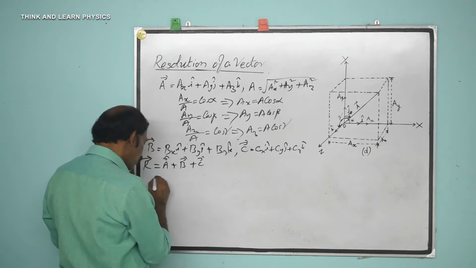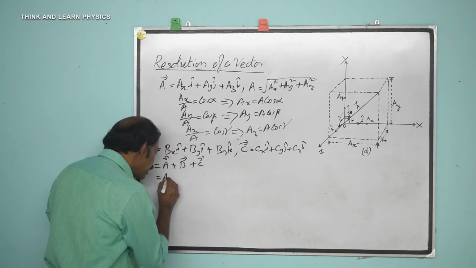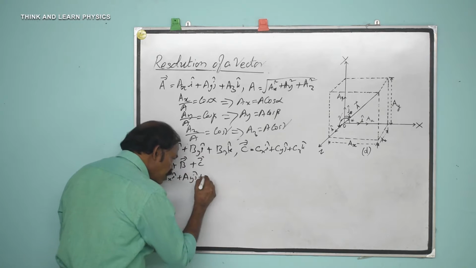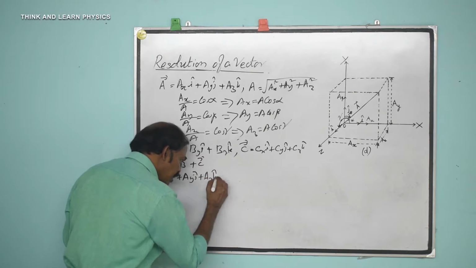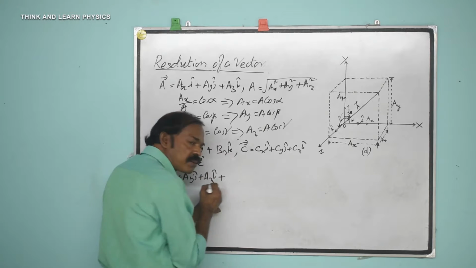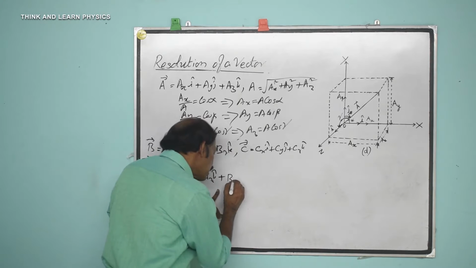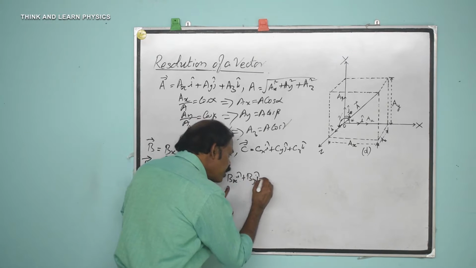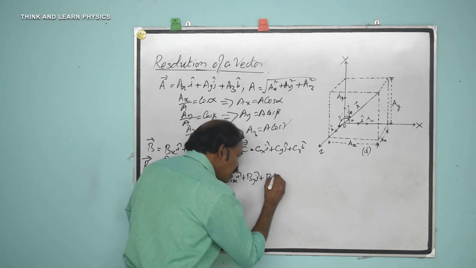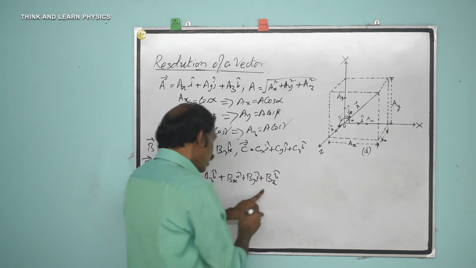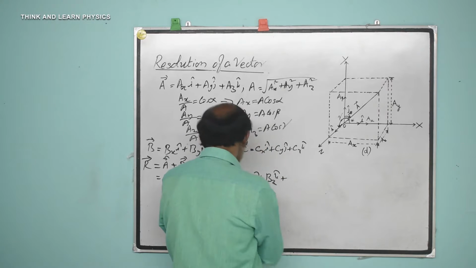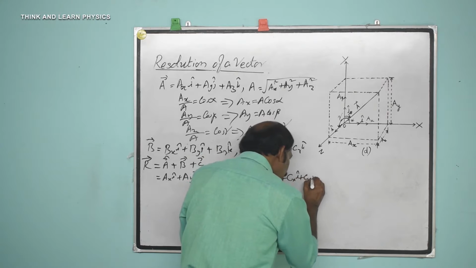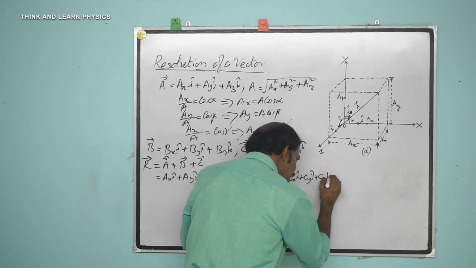This is equal to, A vector means ax into i cap plus ay into j cap plus az into k cap, and B vector means plus bx into i cap plus by into j cap plus bz into k cap, and C vector means cx into i cap plus cy into j cap plus cz into k cap.